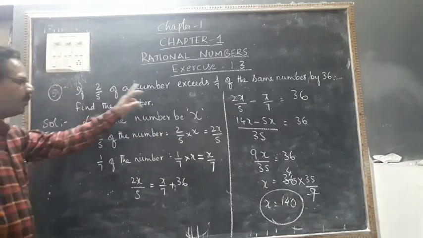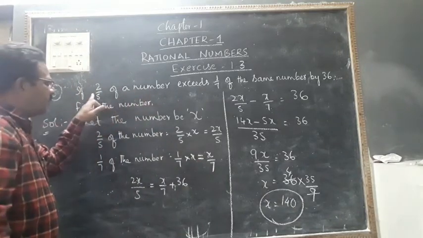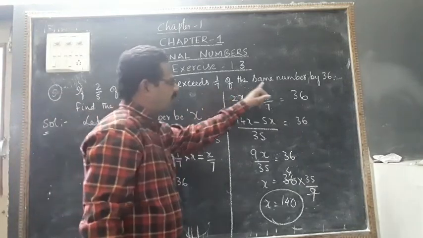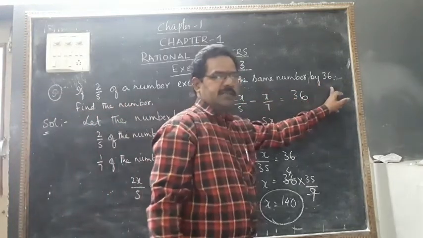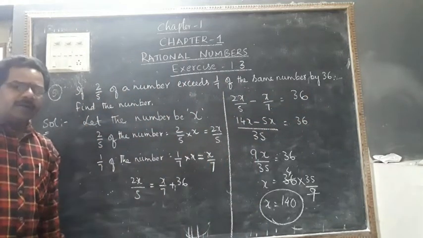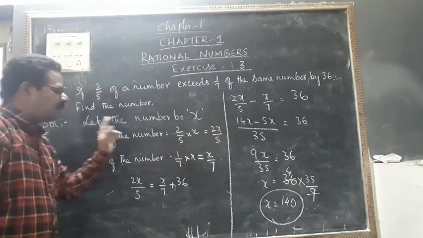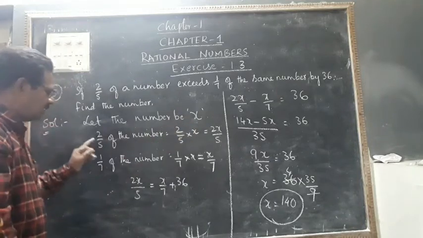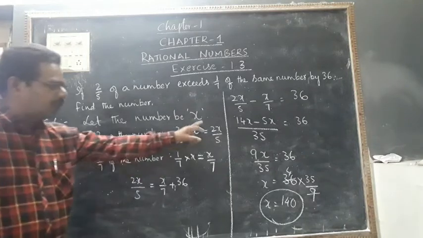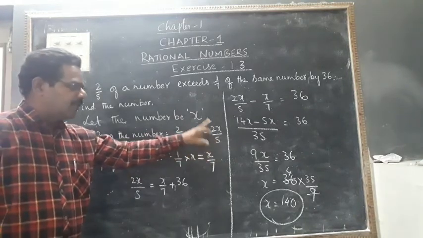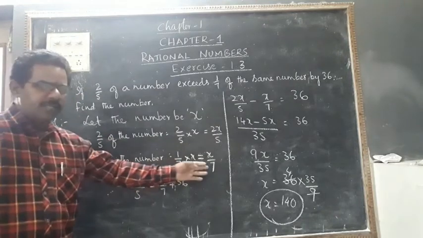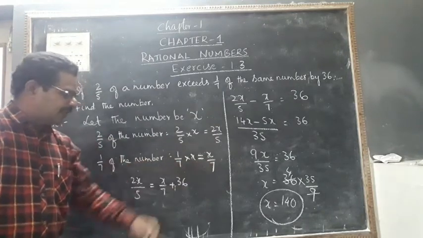If you take the number 140, 2 by 5 of 140 is equal to 1 by 7 of 140 plus 36. Understand? That is the sentence they have given. We found the number. The number we have taken is x, and 2 by 5 of the number we have taken is 2 by 5 into x, that is 2x by 5, because x is an unknown number, and 1 by 7 of the number is equal to 1 by 7 into x, that is equal to x by 7.